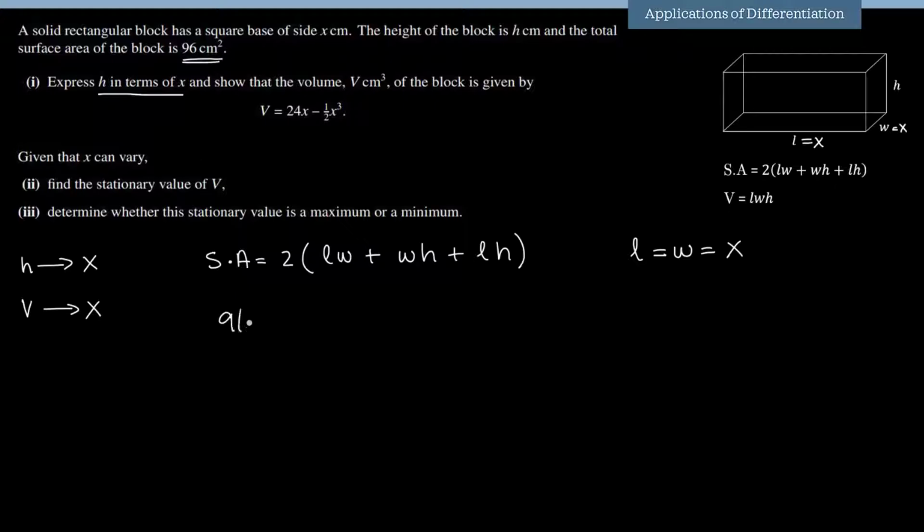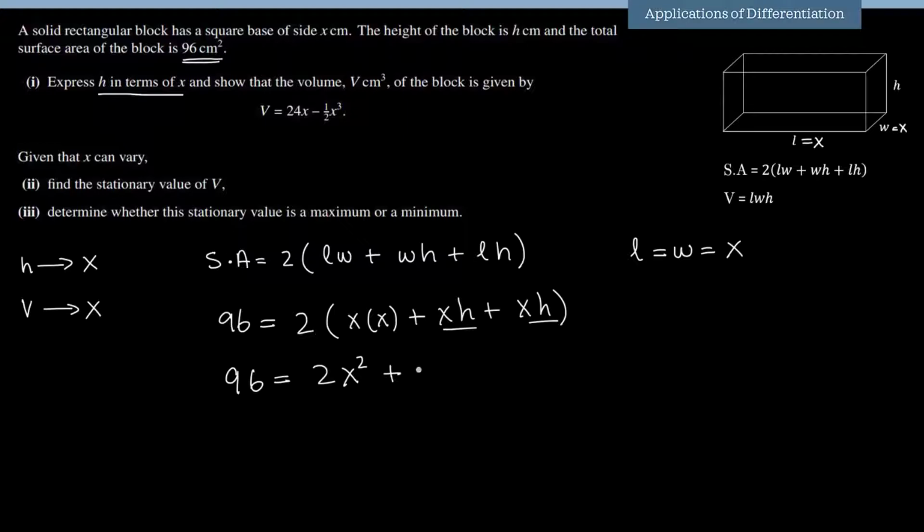So 96 is going to be equal to 2 times x times x plus, width is also x, so x times h plus x times h. I can simplify this to write 96 is equal to x times x is x squared, and 2 times x squared is 2x squared, plus xh plus xh is 2xh, and 2xh times 2 is 4xh.